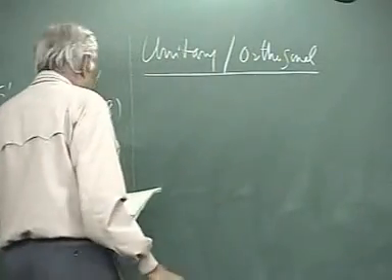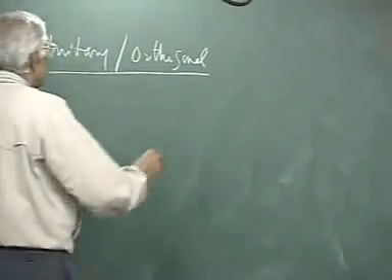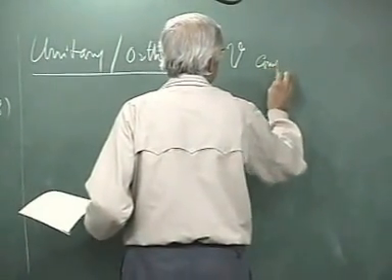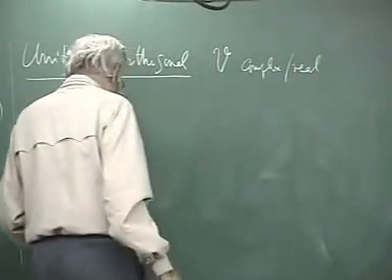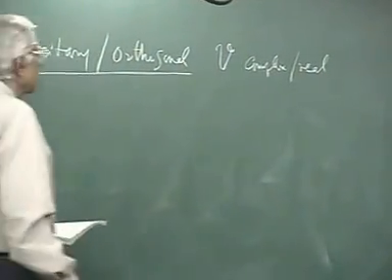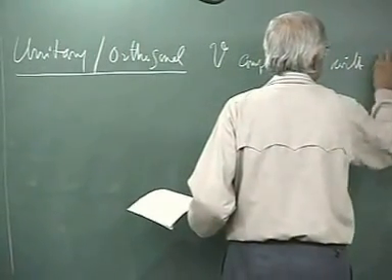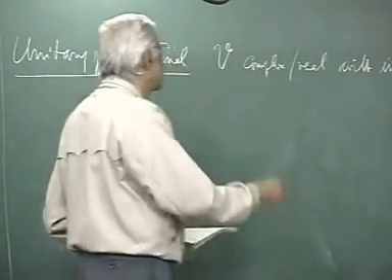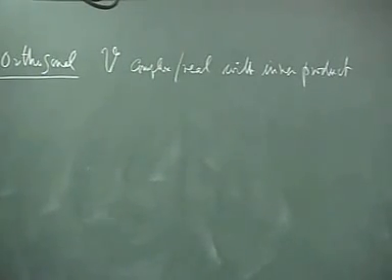Next is a concept of representations with some additional property. We are imagining that V is a complex or it may be a real vector space. Suppose it carries an inner product, which in the complex case is called a Hermitian inner product, and in the real case it is called a symmetric inner product.